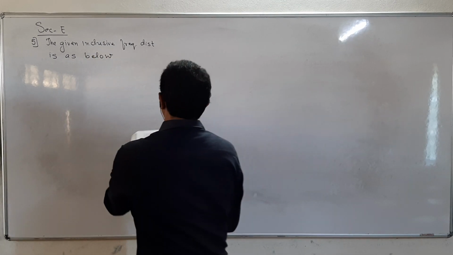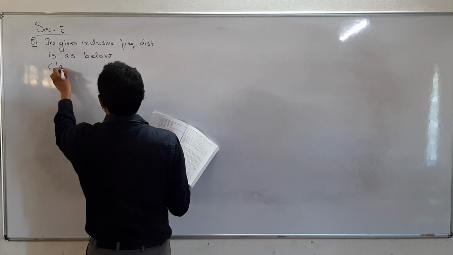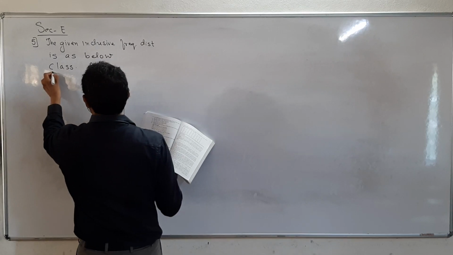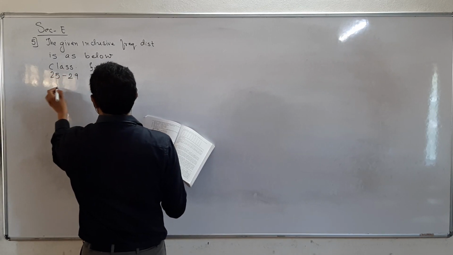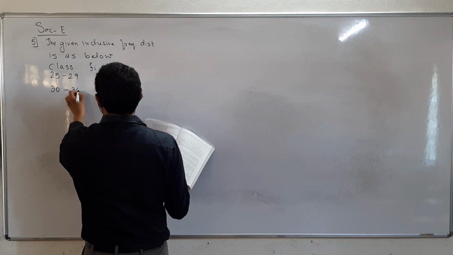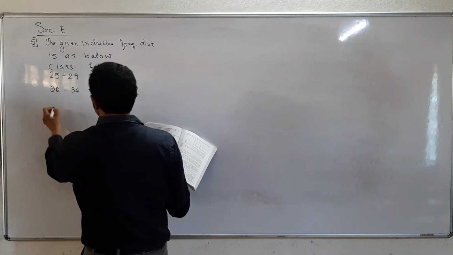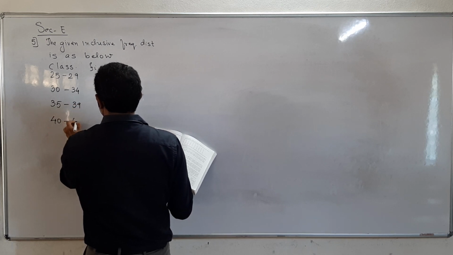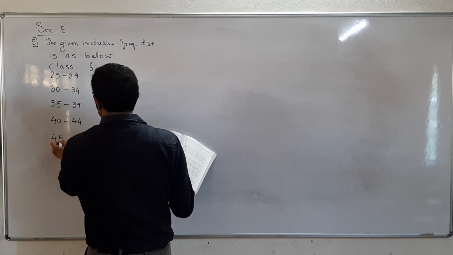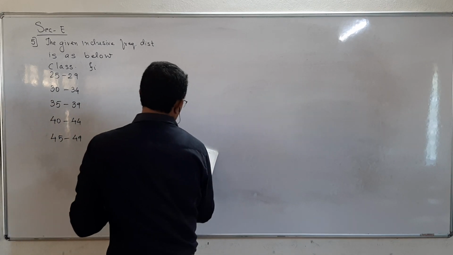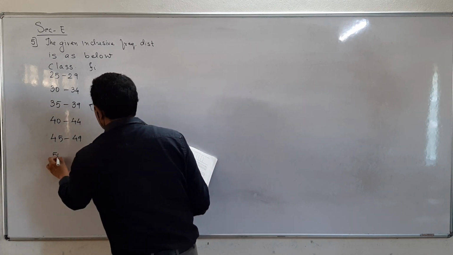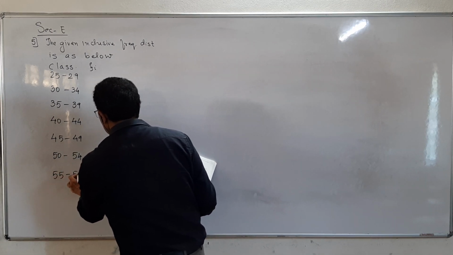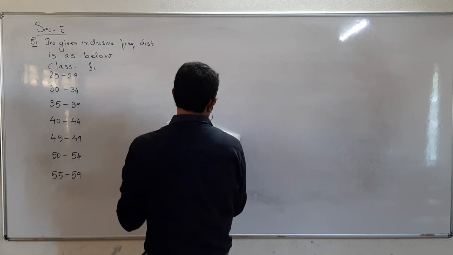Now, I am noting down classes and corresponding Fi: 25 to 29, 30 to 34, 35 to 39, 40 to 44, 45 to 49, 50 to 54, 55 to 59.